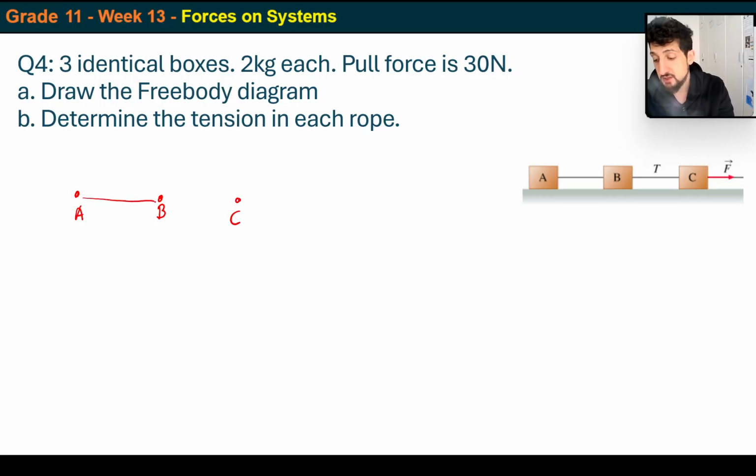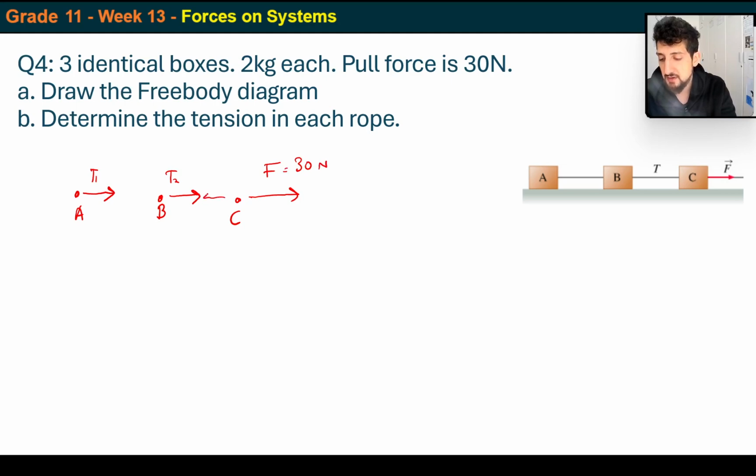And I've got a tension force acting this way, T1. I've got a tension force acting this way, T2. And I've got the applied force, which is the pull force in this case, and that's 30 newtons. So that is the free body diagram essentially.